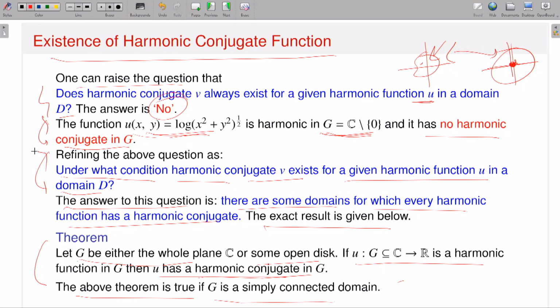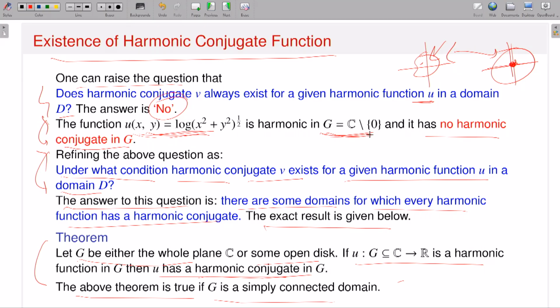Before I proceed, maybe I should explain why I am so confident that the function U, which is log of (x square plus y square) to the power half in this domain C minus 0, where domain means open connected set, will have no harmonic conjugate. Suppose a harmonic conjugate exists in this domain. Then it will have a precise expression.